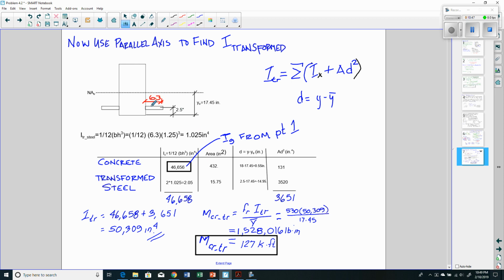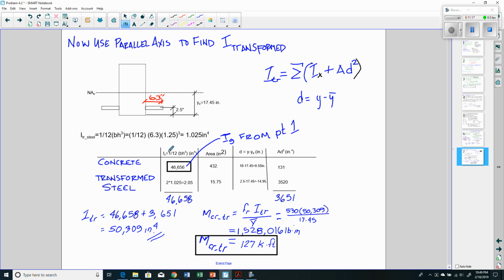Okay, so that's 6.3 inches, and our height is the 1.25 inches. So for the moment of inertia of this section, there's going to be 2 of them, but for the first one we just do 1/12 base times height cubed. So 1/12 base is the 6.3, the height is the bar diameter 1.25 cubed, so that comes out to be 1 inch to the fourth, essentially, for each of these.